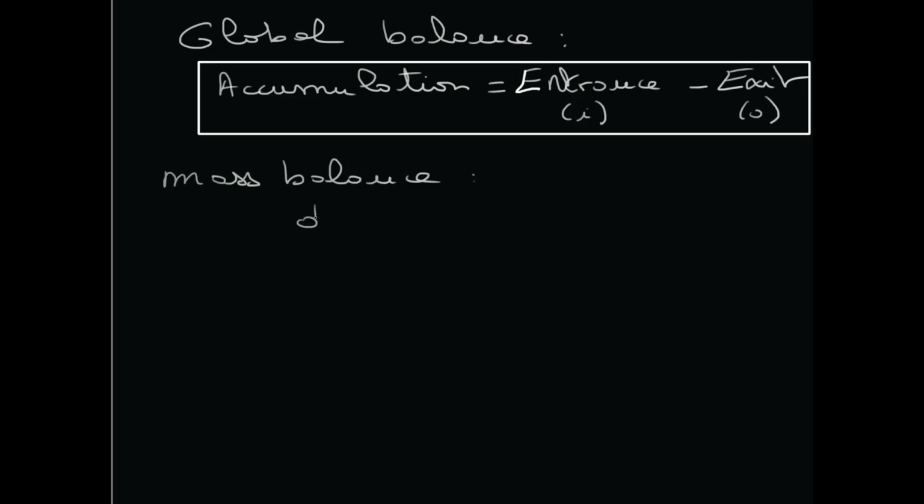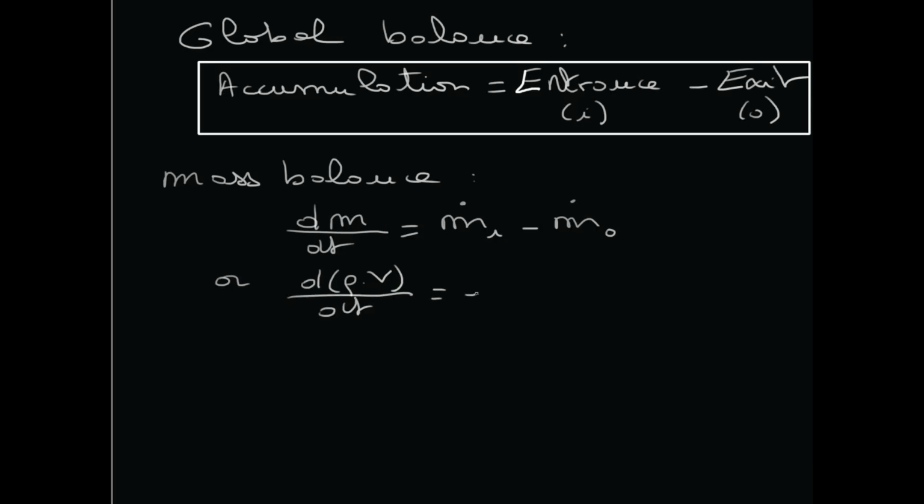We will write that accumulation is dm on dt, the derivative of m, equals m dot I, the mass flow at the entrance, minus m dot O, the mass flow at the output. We can replace m, the quantity inside of the reactor, by rho times V, and m dot I by rho times Qi.